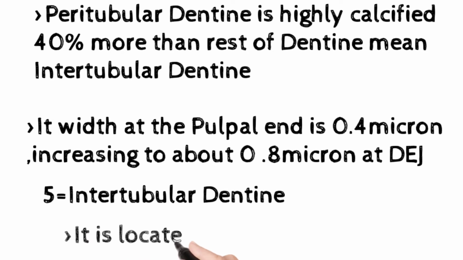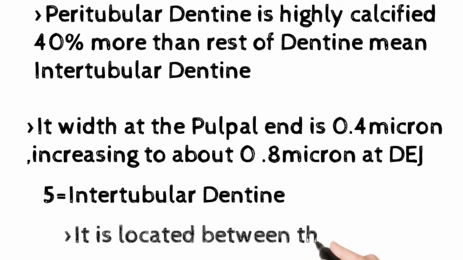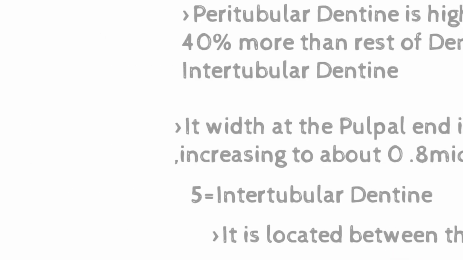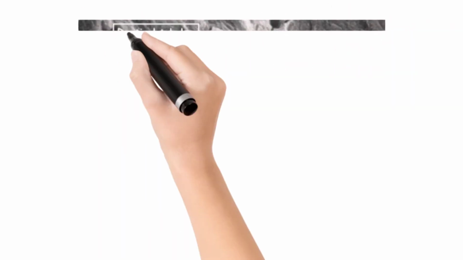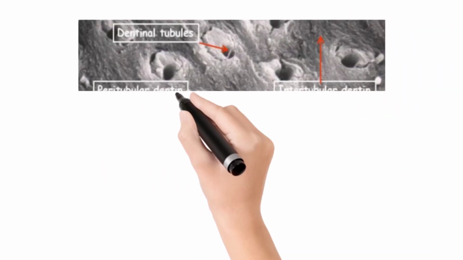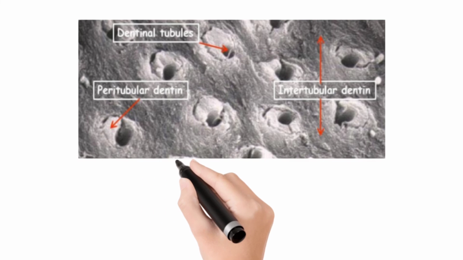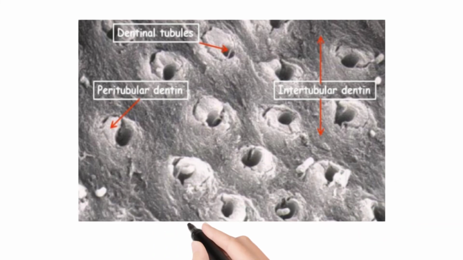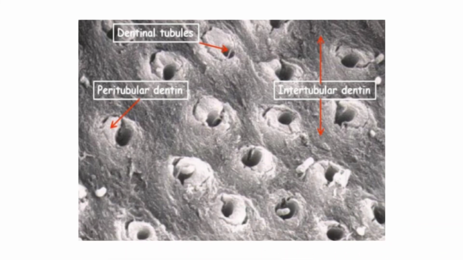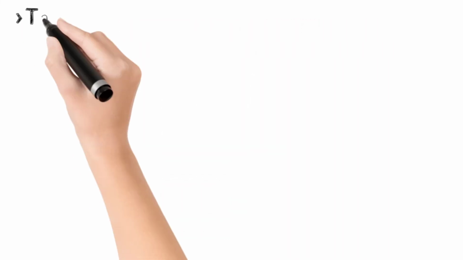Now come to the intertubular dentine. Intertubular dentine is located between the dentinal tubules, therefore known as intertubular, meaning between tubules. Look at this diagram. The above is the dentinal tubule, the right side is peritubular dentine, and on the left side there is intertubular dentine, which is present between dentinal tubules, not on the wall of the dentinal tubule.